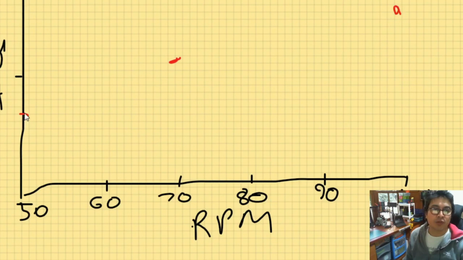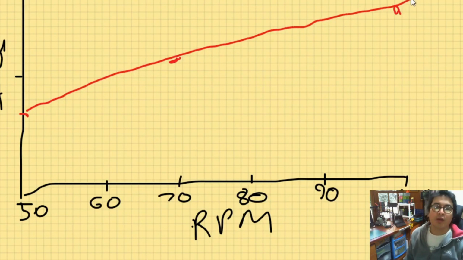And then if we join that line up, it's a linear line, you can work out all the in-between figures.